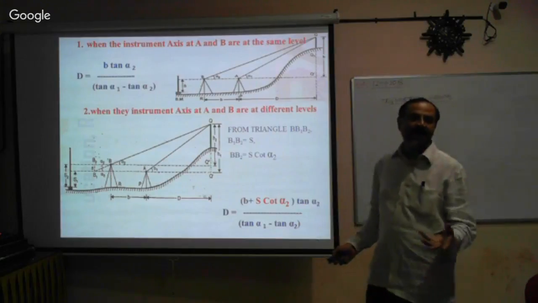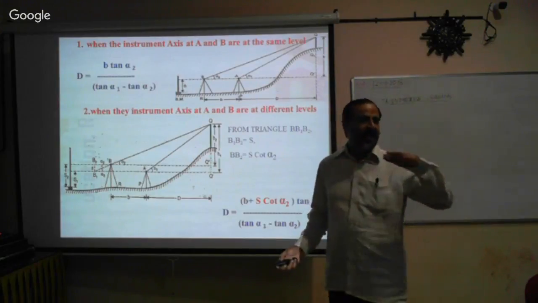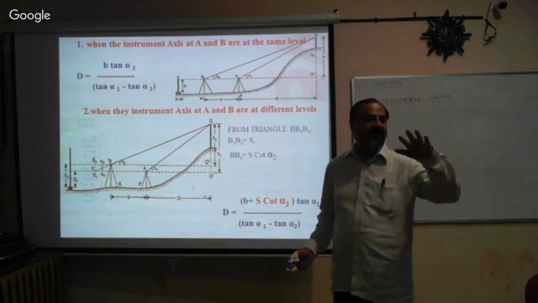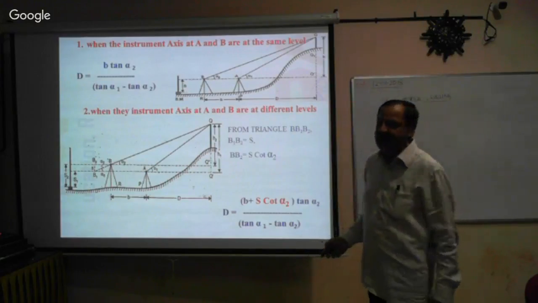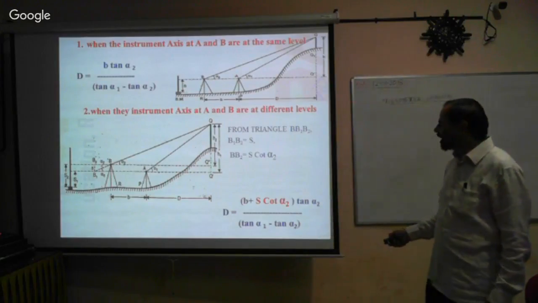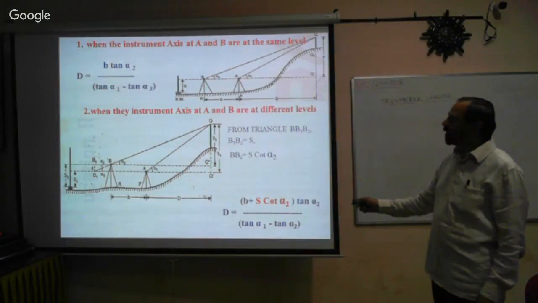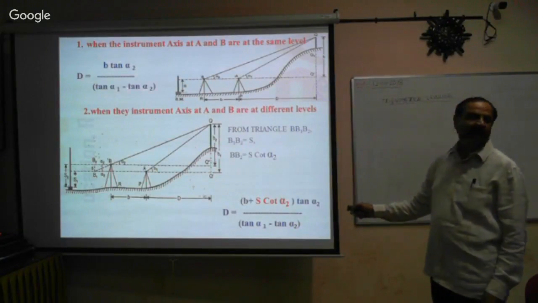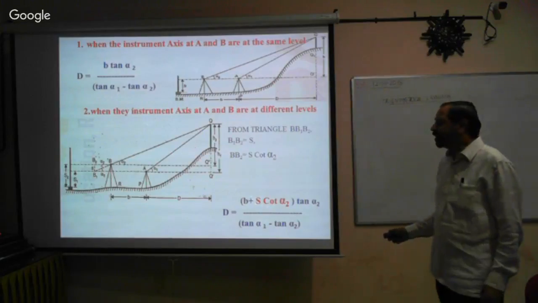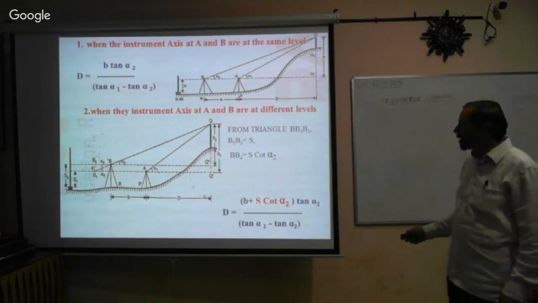H2 is the height of the object above the instrument axis when the instrument is at the second station B, isn't it? Now this is how we can calculate. In the first case, B tan alpha 2 over tan alpha 1 minus tan alpha 2. Now in the second case, B is increased by S cot alpha 2.